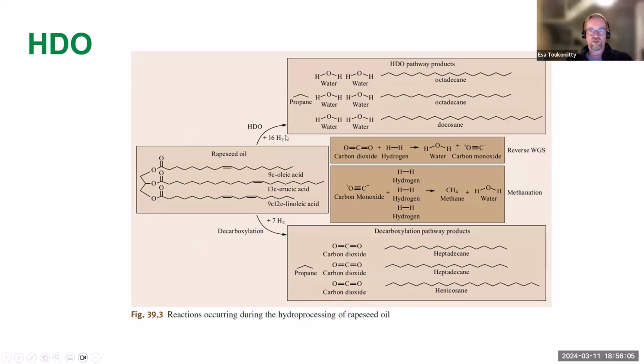If you want to make a good diesel fuel or fuel component, you want to have these hydrocarbons. This contains only hydrogen and carbon. These are good components. So you don't want these oxygen or these esters that are in the vegetable oil. And you can remove them with the help of hydrogen.